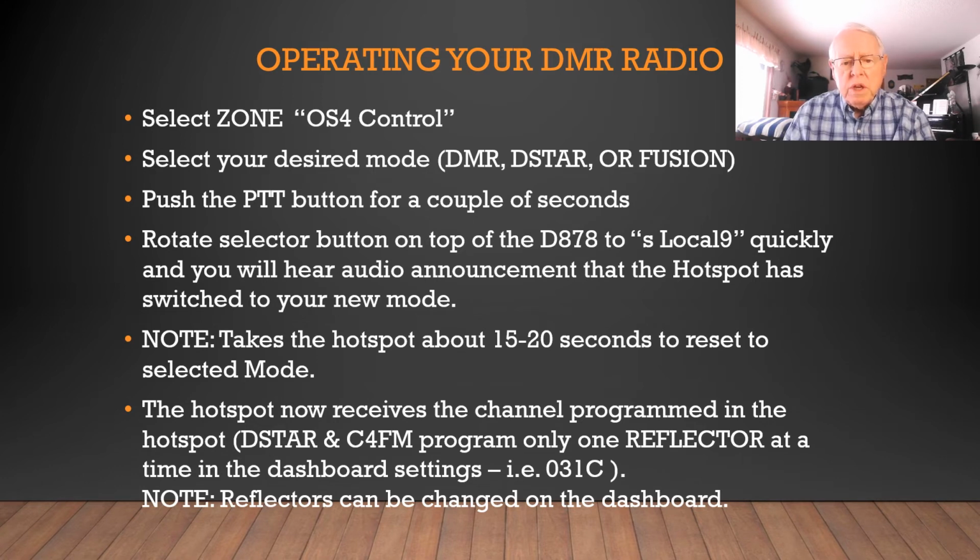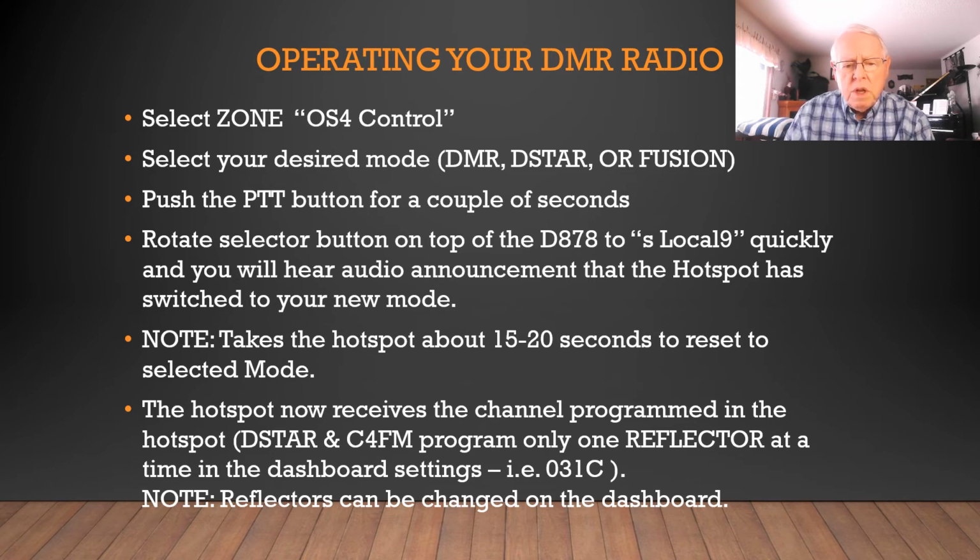Next, you want to select your desired mode of operation, one of the 3. Once you've selected that, using the middle button for the selection, push the push to talk button just for a couple of seconds. You should see the light flashing on the openSPOT.